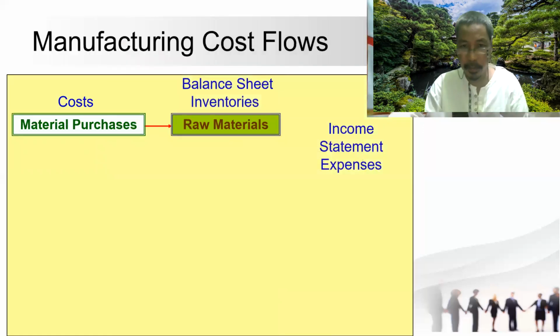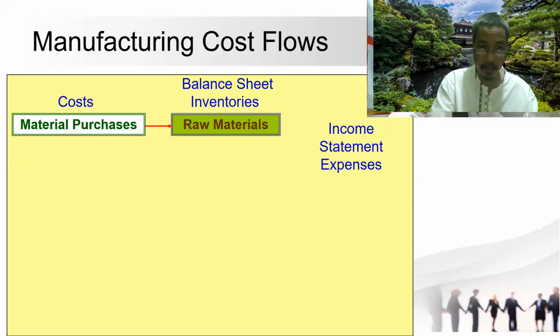So we have what? Manufacturing cost, floor cost, material purchases. So there are some expenses that we are calling cost. No? Balance sheet inventory, because we have the raw material. The raw material is equivalent to the amount of material, no?